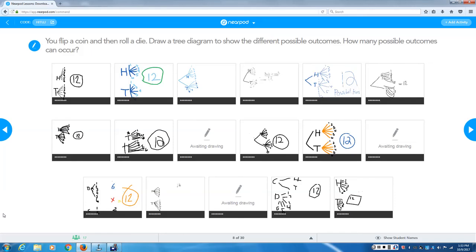Three more. You want your participation point for today, draw your diagram and submit it.